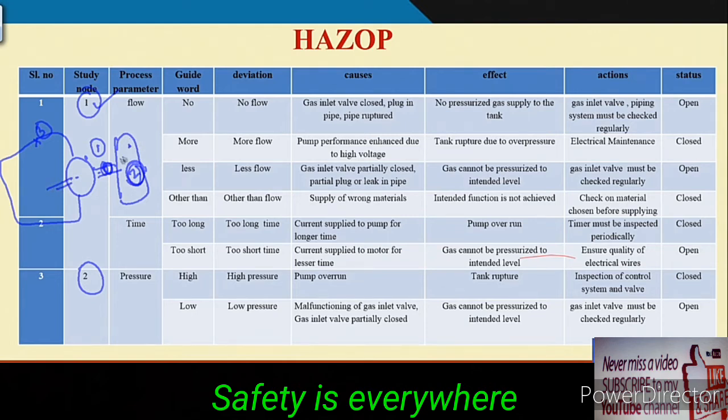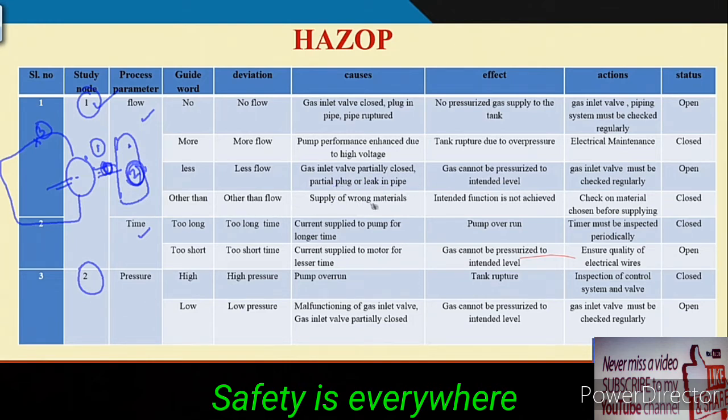Okay. So, here flow will be important and time will be another important one. Suppose flow: no flow, more flow, less flow, other than flow. Suppose no flow: gas inlet valve closed, plug in pipe, pipe ruptured. More flow: pump performance enhanced due to high voltage. Less flow: gas inlet valve partially closed, partially plugged or leak in pipe.